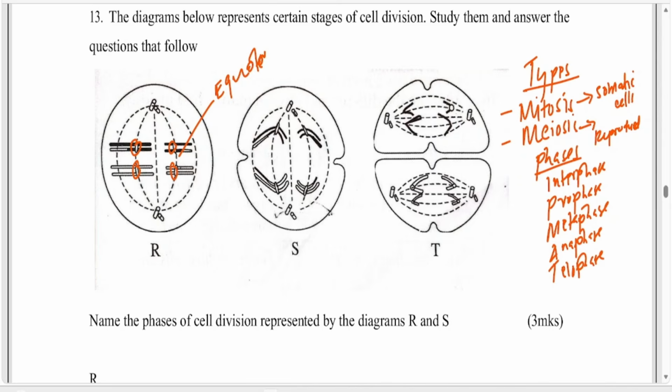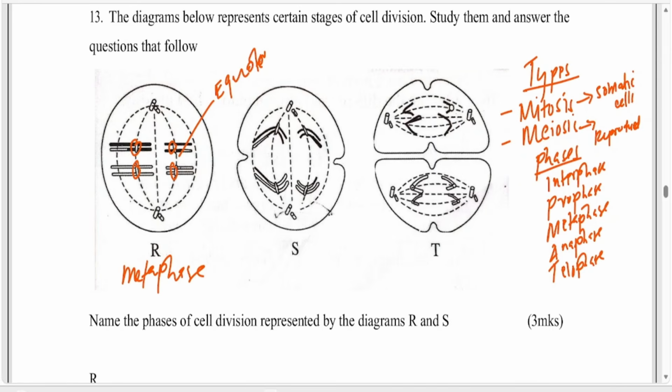They are homologous pairs. Basically, the phase which has this kind of characteristics is metaphase 1, because chromosomes are arranged at the equator and they are in pairs. So this is metaphase 1.